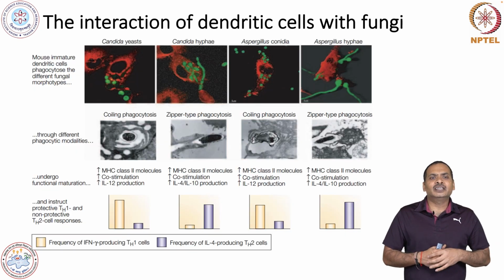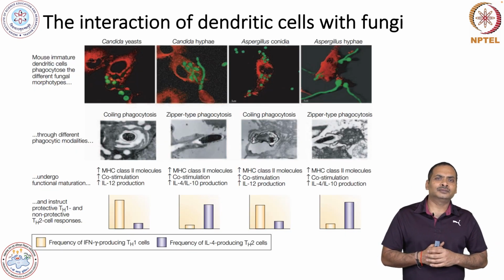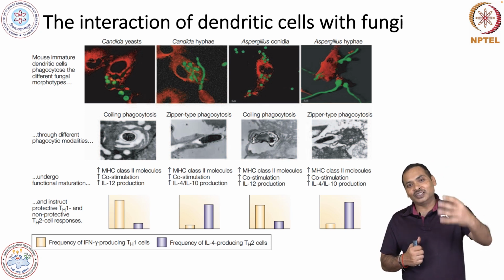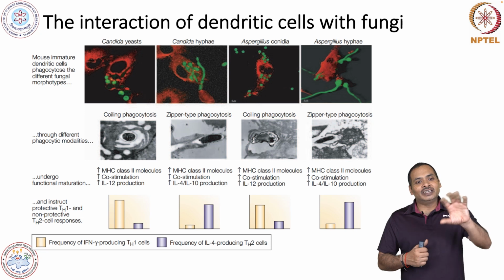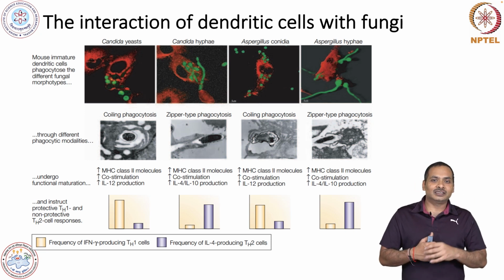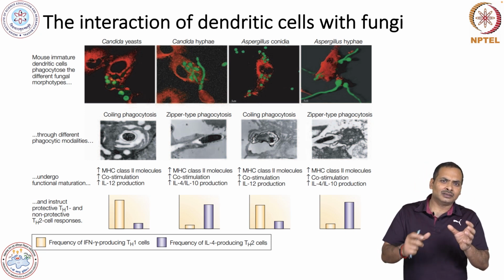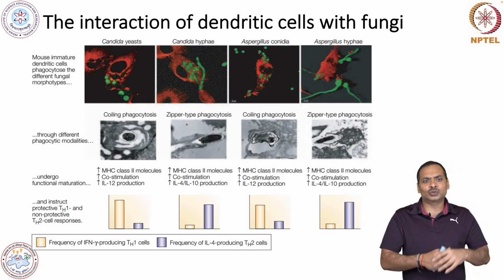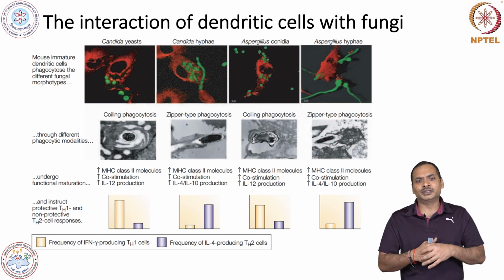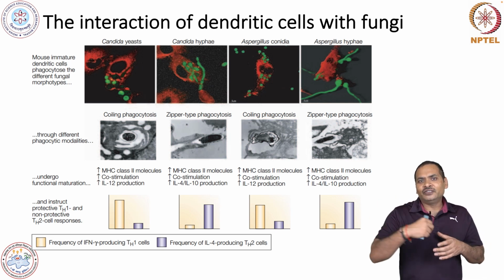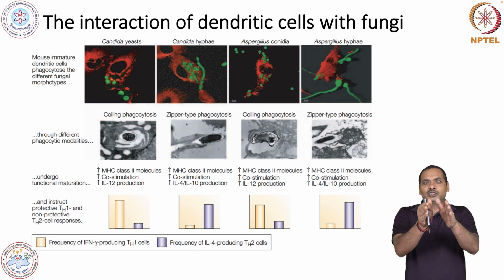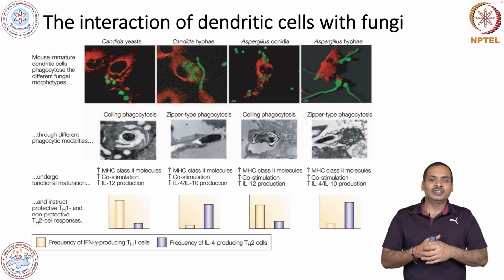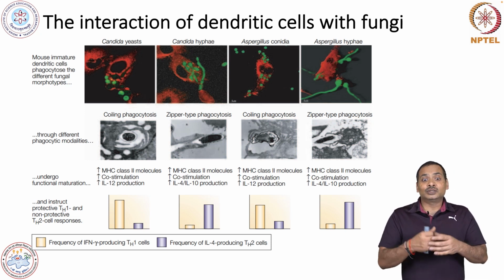Here there is an interaction of dendritic cells with fungi. You know that some fungi make hyphae. They are basically coiled, and when DCs phagocytose, they phagocytose this coiling form. If it is a hyphae form, then there will be a zipper-type phagocytosis.